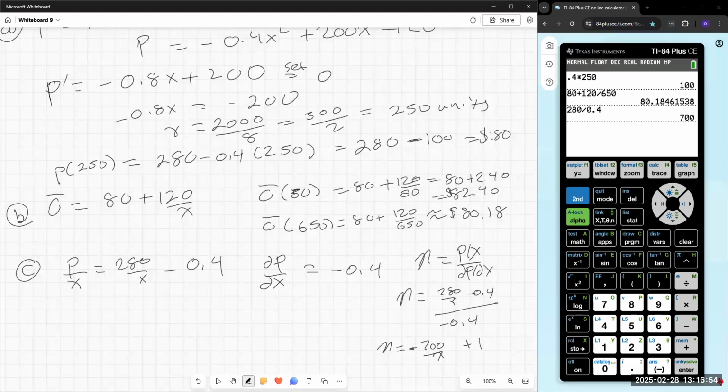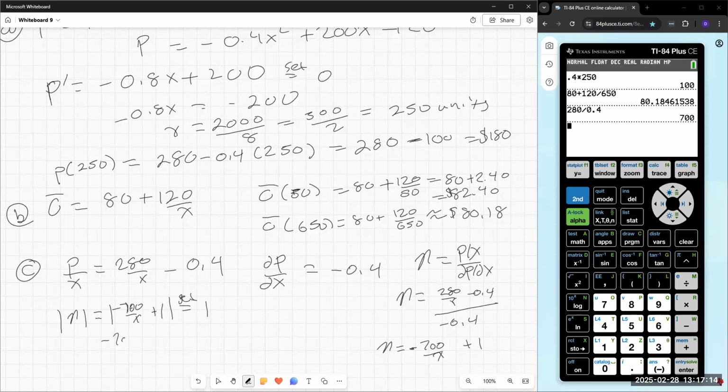So then I need to take the absolute value of eta, which is the absolute value of negative 700 over x plus 1, and I need to set that equal to 1.